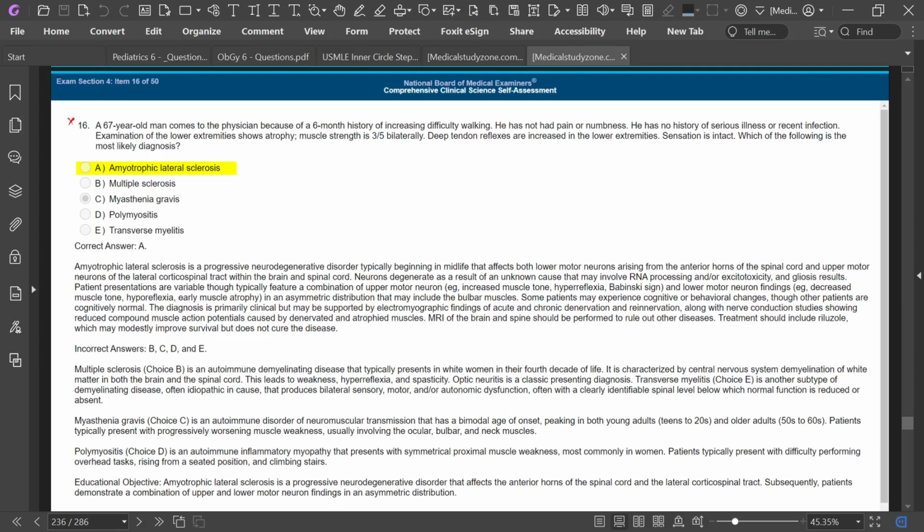Neurons degenerate as a result of unknown cause that may involve RNA processing.